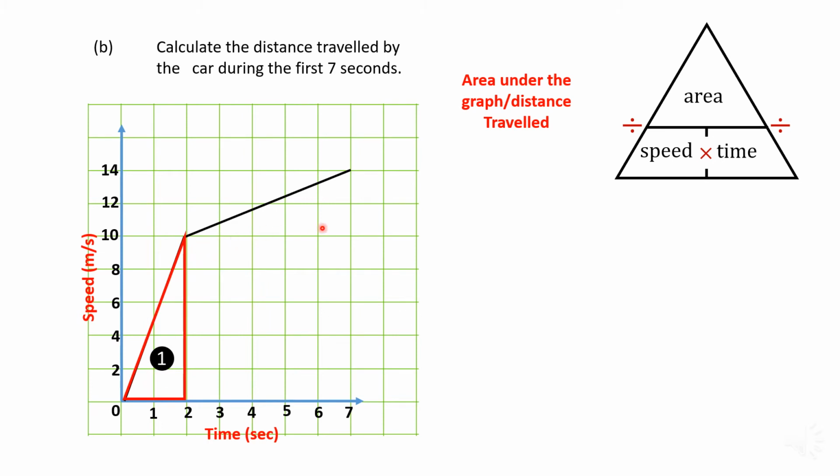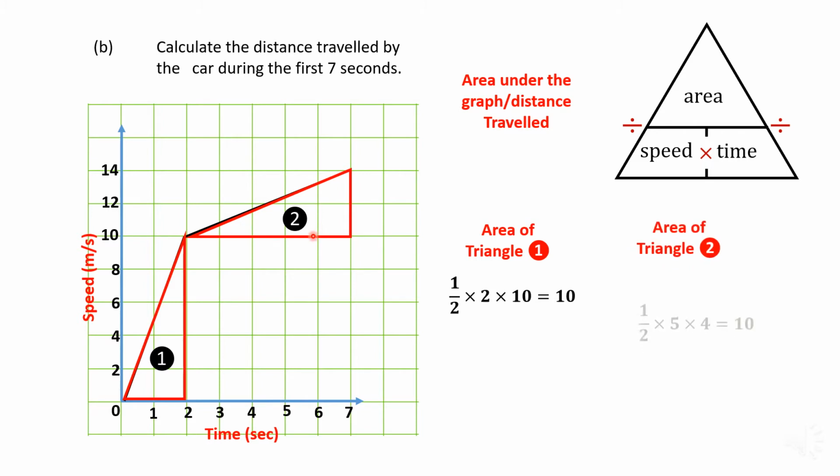I can divide it into small triangles and rectangles. So this is, for example, triangle 1. To find the area of that triangle, you say a half times base times the height, which is 10. Then I can have my second one there. It's also a triangle. So it's going to be a half times 5 here, and this here is 4, because it's like 14 minus 10.